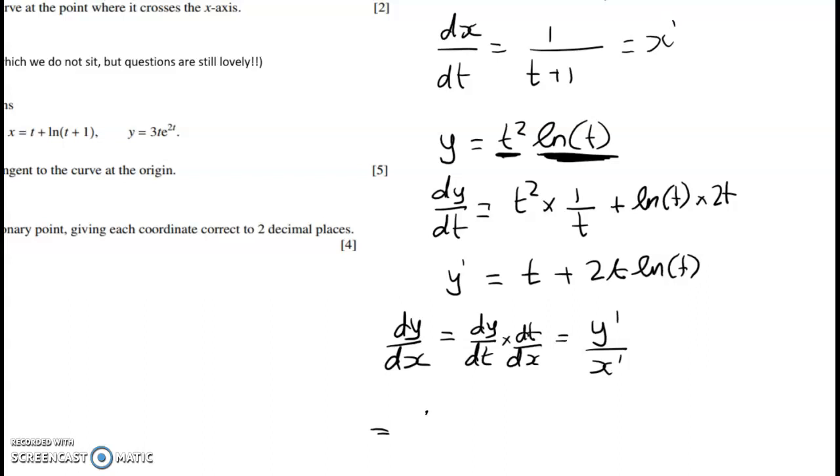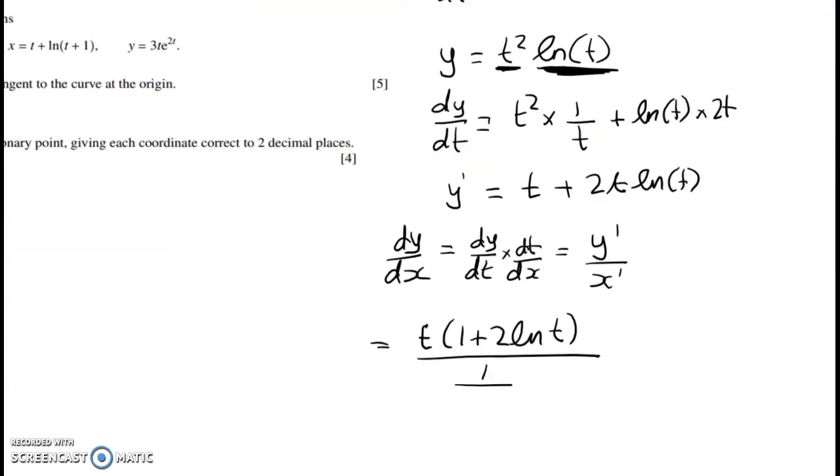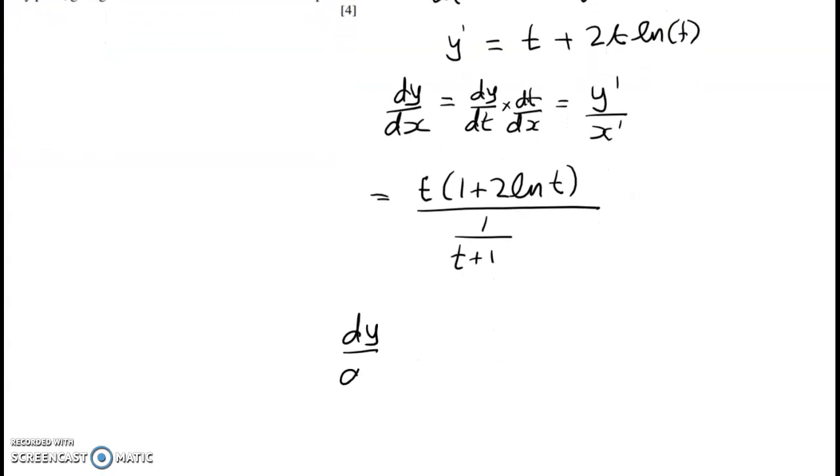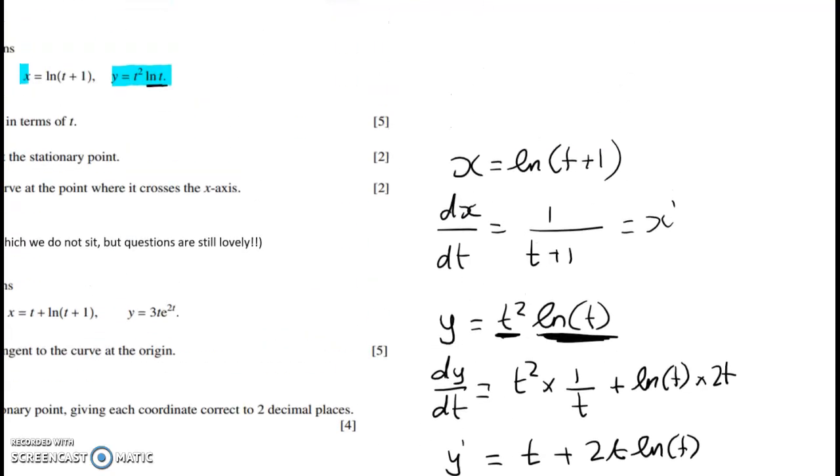I'm going to factorize out that t, and I've got this t into 1 plus 2 ln of t, and I'm dividing by x dash, so I'm dividing by 1 over t plus 1. That gives me a final expression of dy by dx is equal to t plus 1 times t times 1 plus 2 times the natural log of t. Okay, so there's our first 5 marks.